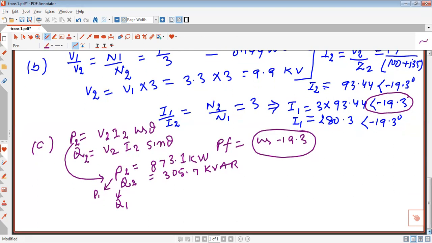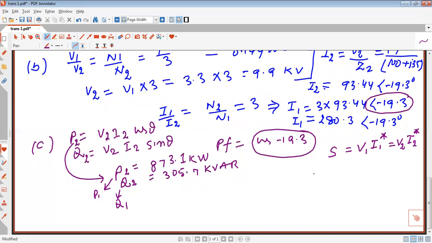Now we can also use another relation to calculate real and reactive power, that is called complex power S, which is equal to V1 multiplied by I1 conjugate, and which is also equal to V2 multiplied by I2 conjugate. So I am just taking this relation and using these values. Suppose I want to use V1 or V2, we can use anyone.